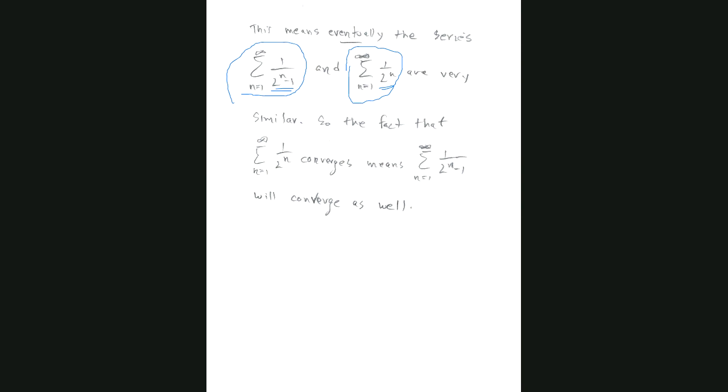Therefore our series, n equals 1 to infinity of 1 over 2 to the n minus 1, has to converge, because the terms of that series eventually are going to be equivalent to the terms of the convergent geometric series.